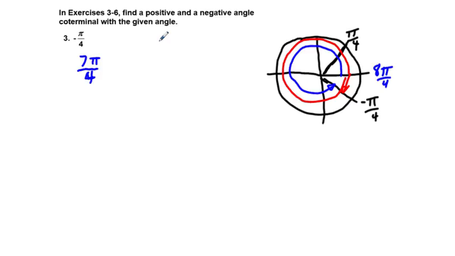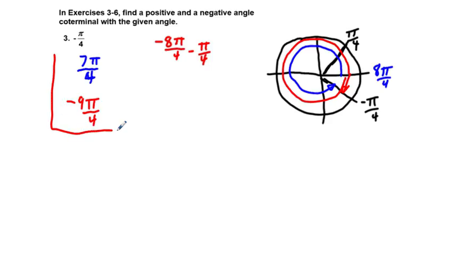So we're going to have negative 8 pi over 4 minus another pi over 4, and so that's going to be negative 9 pi over 4. That's going to be another angle that's coterminal with negative pi over 4. So we have a negative angle and a positive angle, and there's an infinite number of angles really, but these are kind of the closest ones I could find.